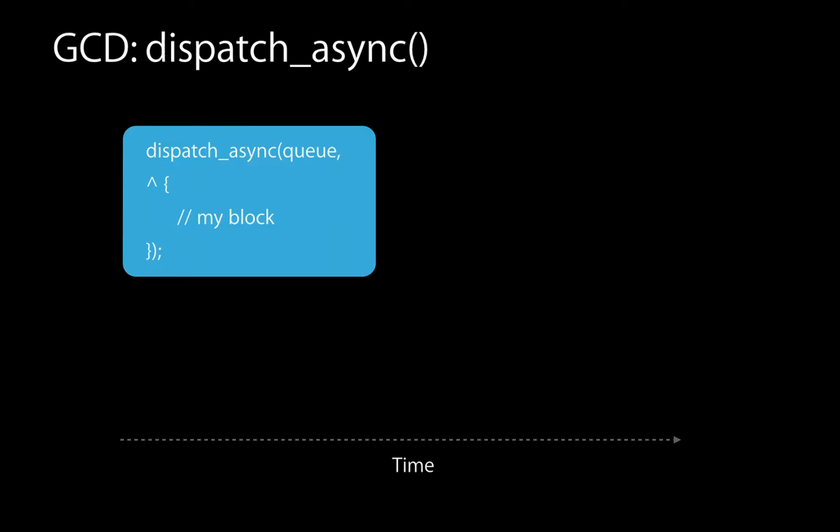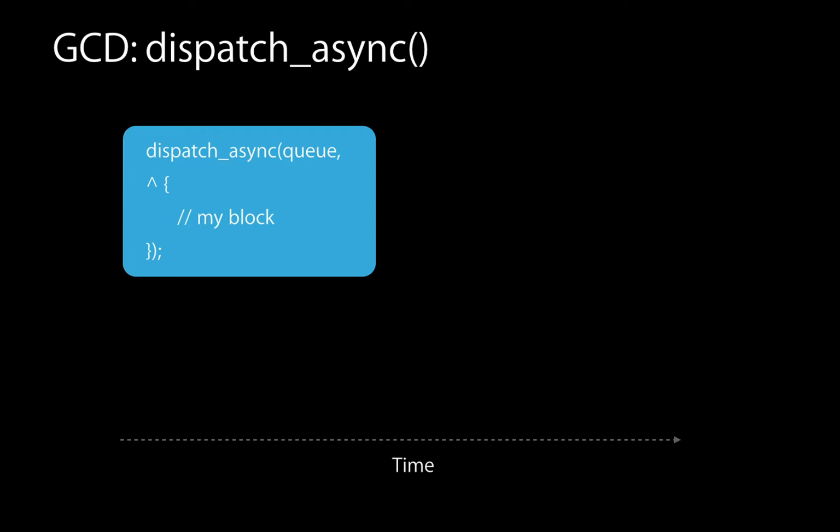So how does GCD impact backtraces? But first, what is GCD? It is a technology that was introduced 5 or 6 years ago in the Snow Leopard timeframe. Since then, it has taken off like wildfire because it is a very natural way to create concurrent, responsive applications.